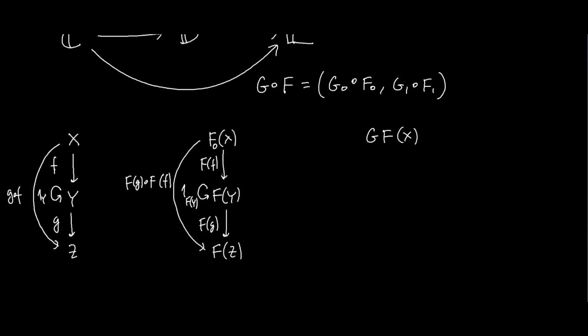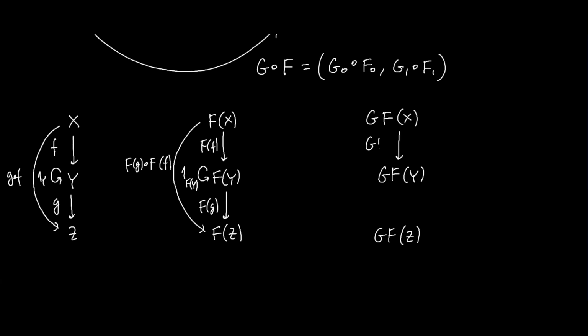But for now, let's start dropping those subscripts. Since we distinguish between objects and morphisms by notation, using capital or small letters, it's not going to cause confusion if we drop the subscripts. So G of F of x, which is meant to say G0 of F0 of x. That's G applied to this object. And then we have G of F of y and G of F of z.